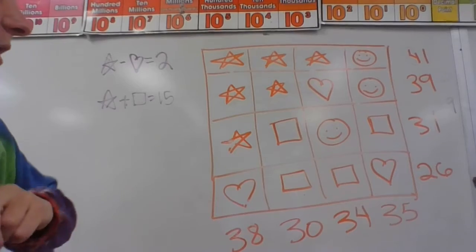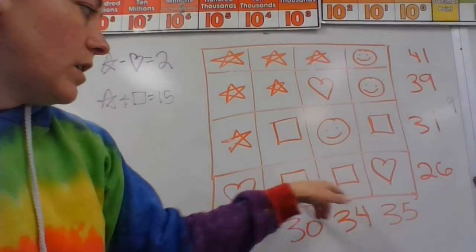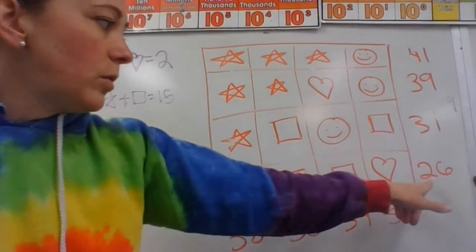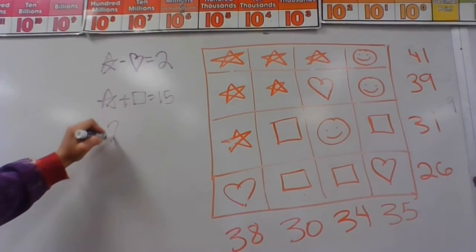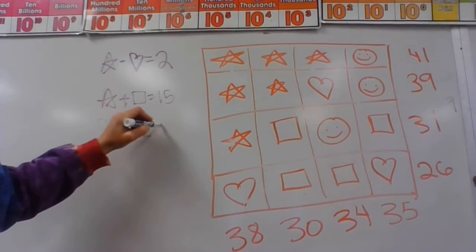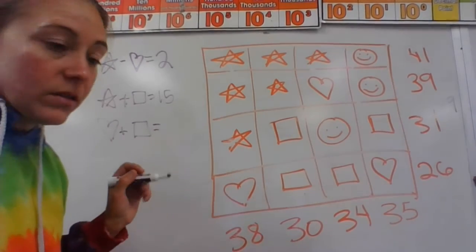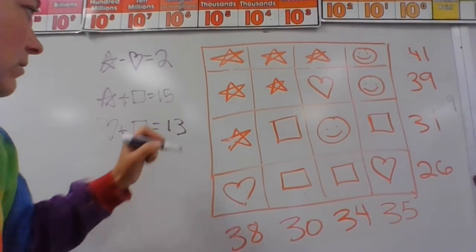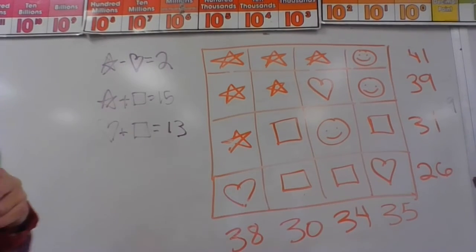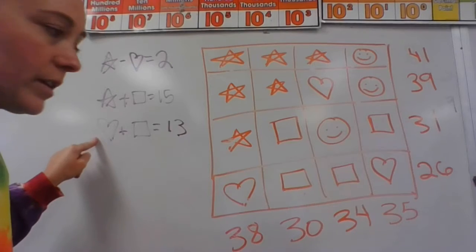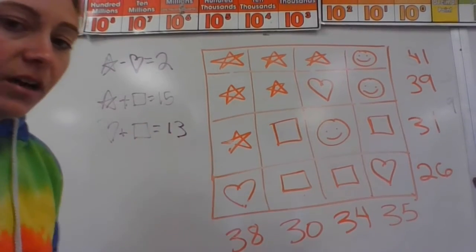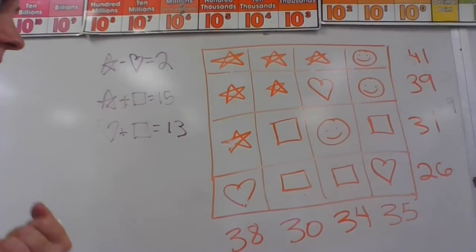And I'm also seeing over here that 2 squares and 2 hearts equal 26. So I could say that a heart plus a square equals half of 26, which is 13. Once again, that proves my point that stars and hearts are different, because 15 and 13 is a difference of 2 as well.